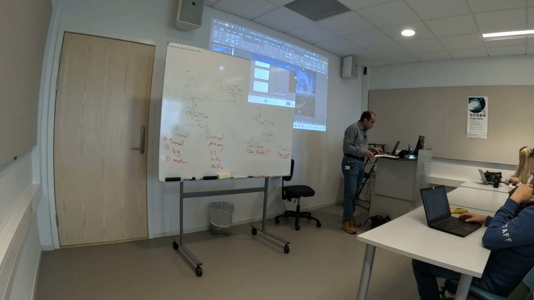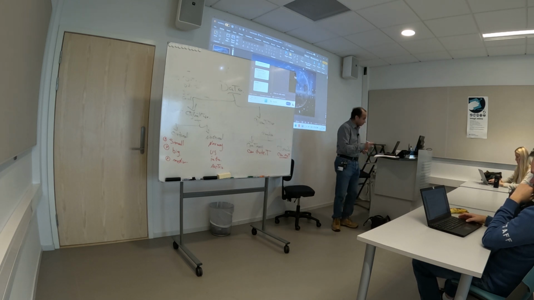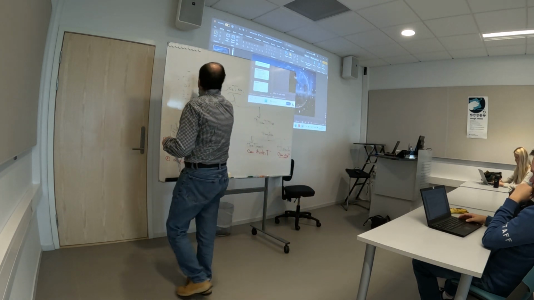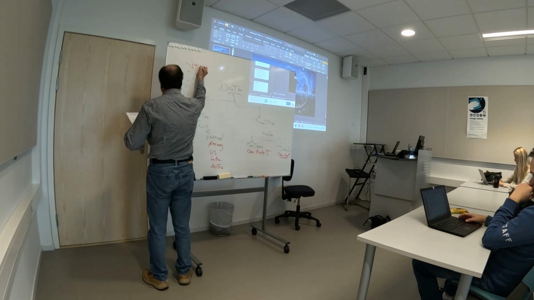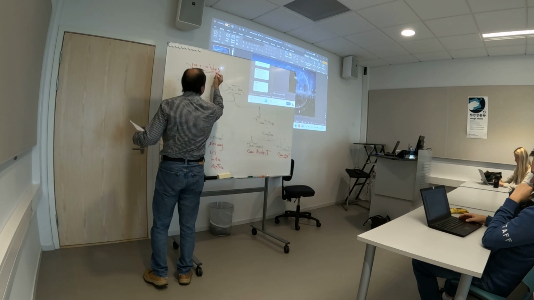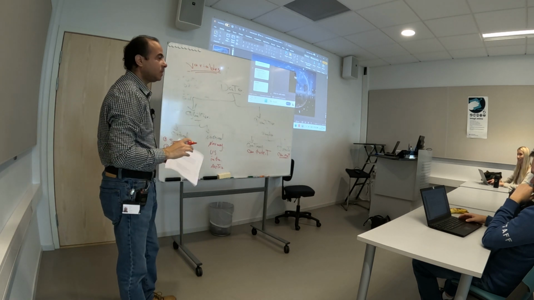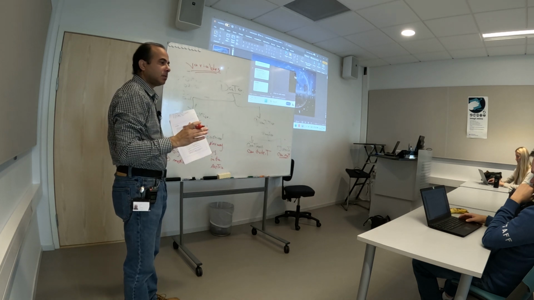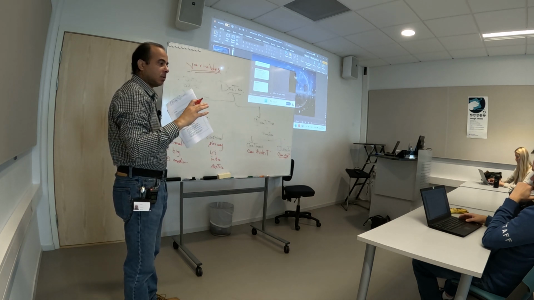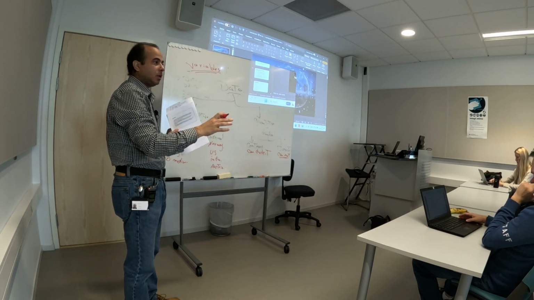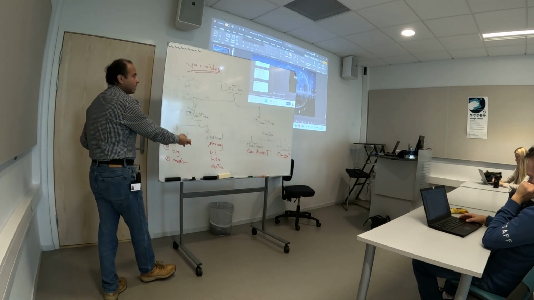Now we will go to variables. What's a variable? It's very, very simple. It's a space in your hard drive, in your computer. You make it in order to save data.